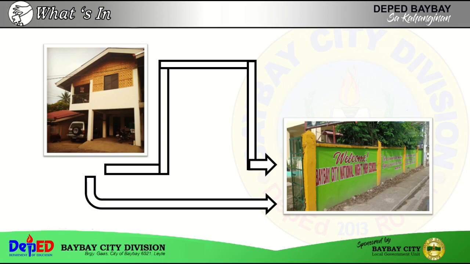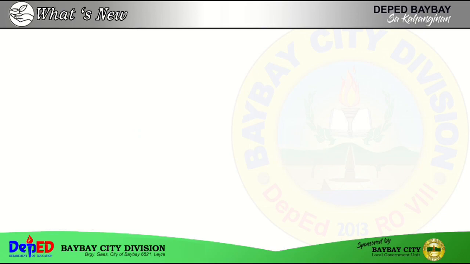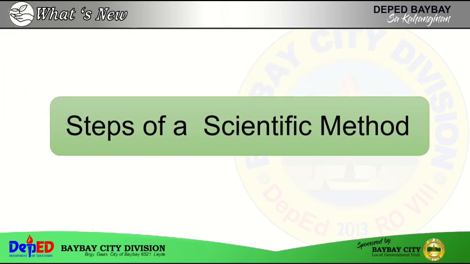If you are, then I need your help in the dilemma that we are in now. Let's try to find out the series of steps of a scientific method as amateur scientists.